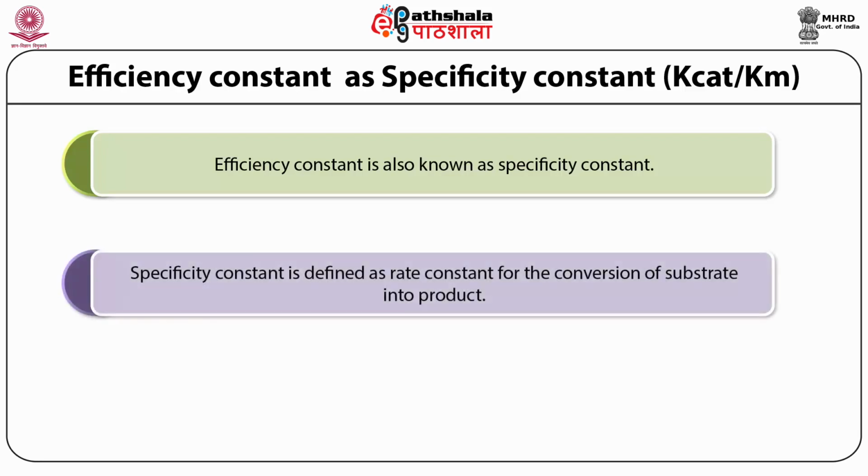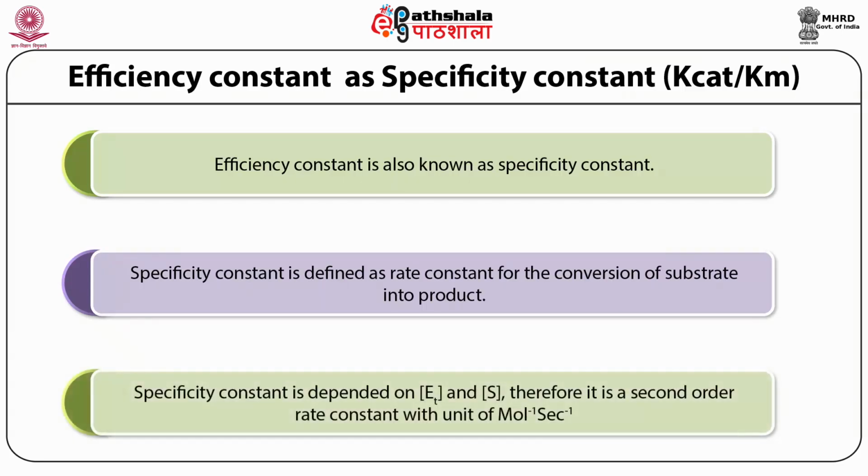A specificity constant is defined as a rate constant for conversion of substrate to the product. It is dependent on total enzyme concentration and substrate concentration. Therefore, it is a second order rate constant and has a unit of mole inverse second inverse.